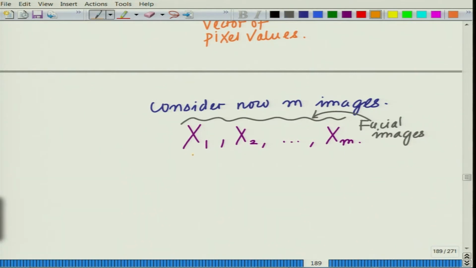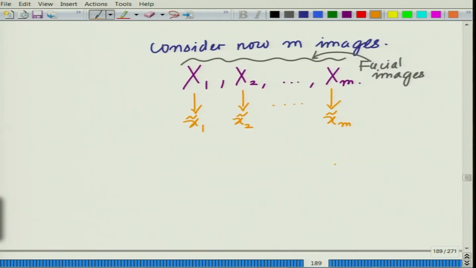And corresponding to these you have x tilde 1, x tilde 2, so on, and x tilde m, which are the corresponding vectors.